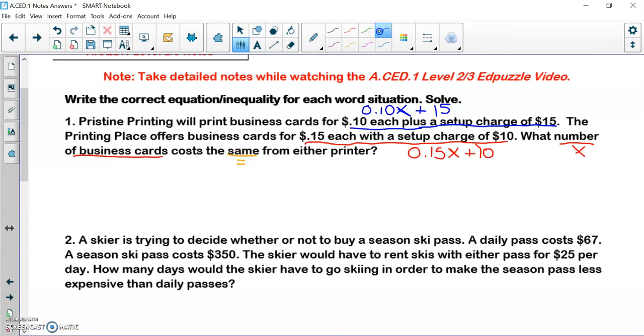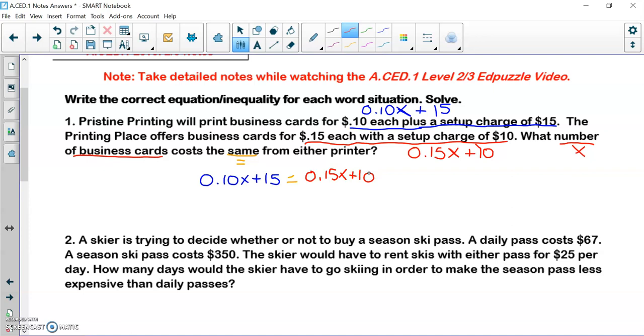So what I'm going to want to do is take my expression for Pristine Printing, which is 0.10X plus 15, and set it equal to the expression for the Printing Place, which is 0.15X plus 10.